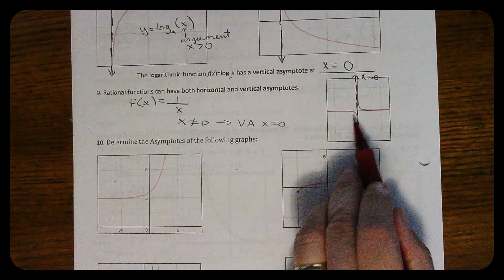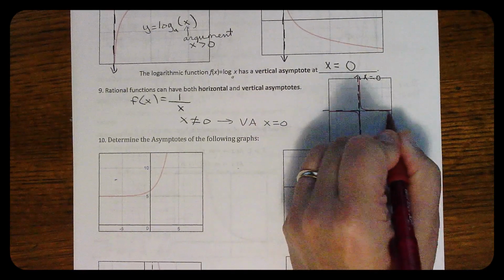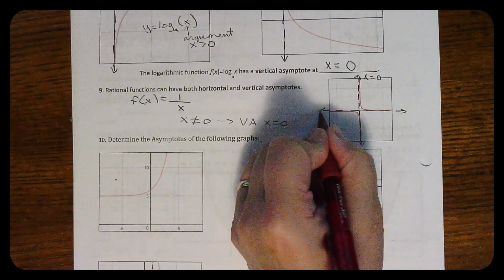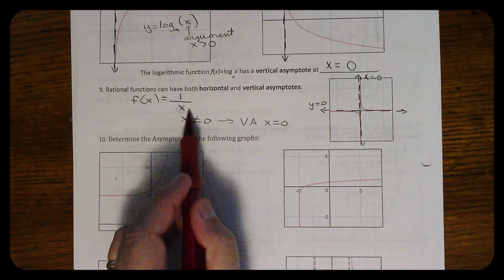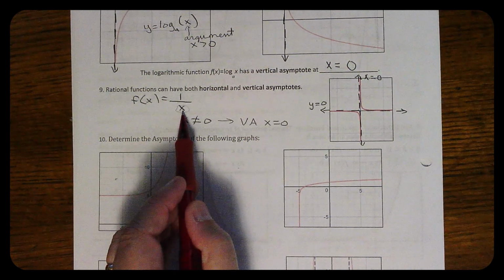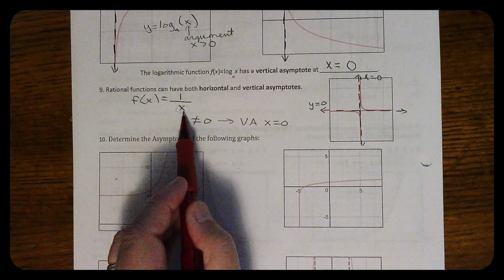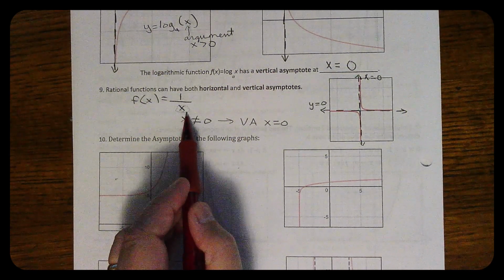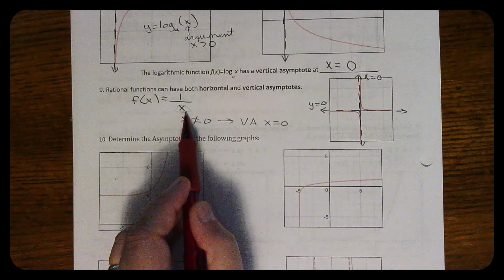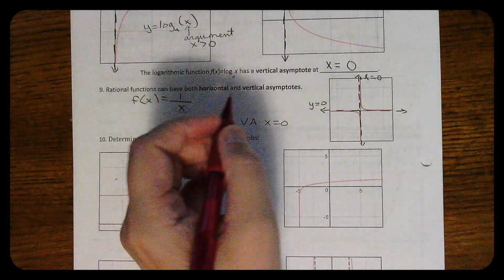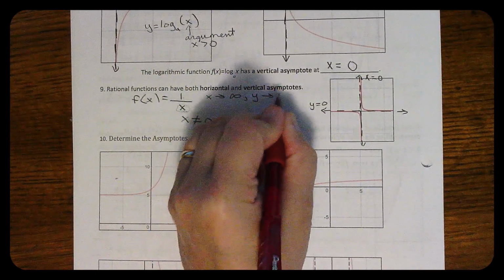All right, now this horizontal asymptote that you should be able to see here doesn't tell you about restrictions. What it's telling you is that no matter what I put in for x, if I put 100, I get 1 over 100. That's 0.01. That's pretty small. If I put in x as 1,000, that's 1 over 1,000, 0.001. That's a really small number. And you can see what's going on is as x goes to infinity, y is trying to get to 0.